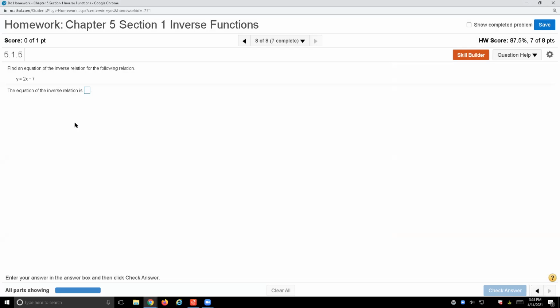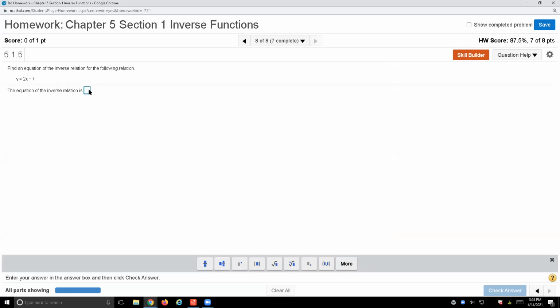Find the inverse relation of this equation. So what do y'all think? Swap the x's and y's.